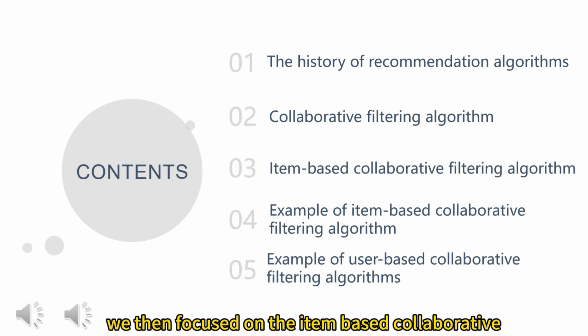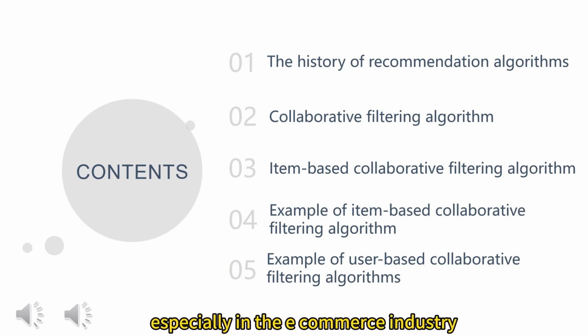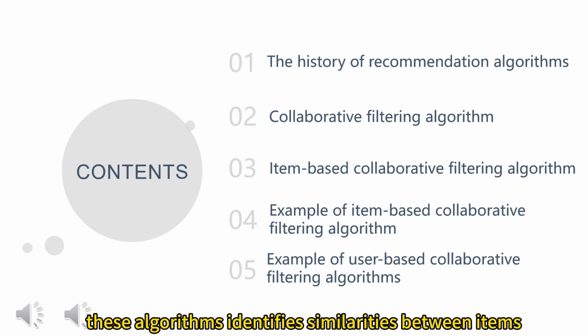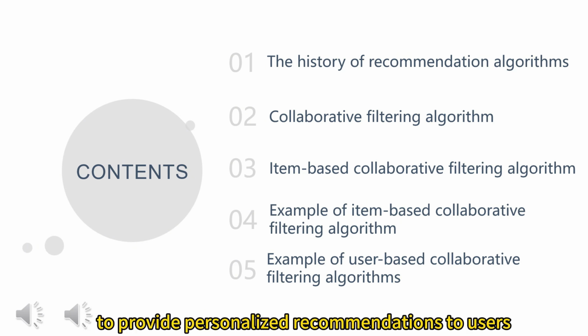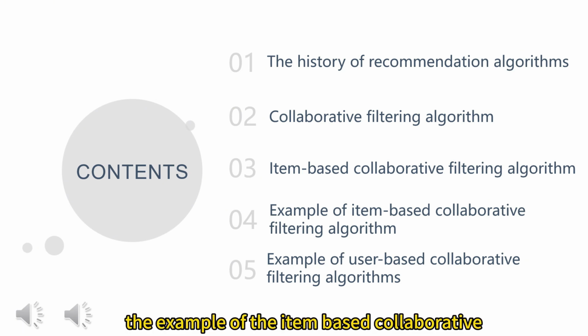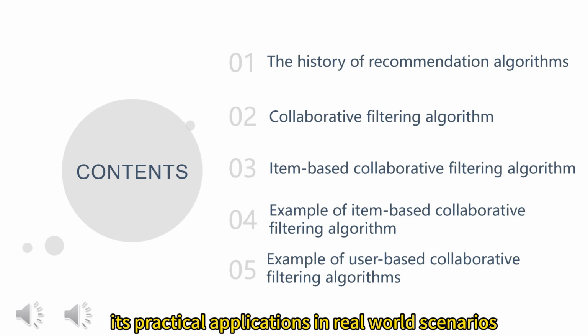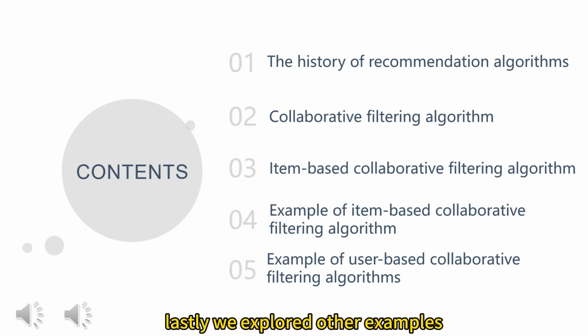We then focused on the item-based collaborative filtering algorithm, which is widely used, especially in the e-commerce industry. These algorithms identify similarities between items to provide personalized recommendations to users. To enhance our understanding, we examined the example of the item-based collaborative filtering algorithm, illustrating its practical applications in real-world scenarios.